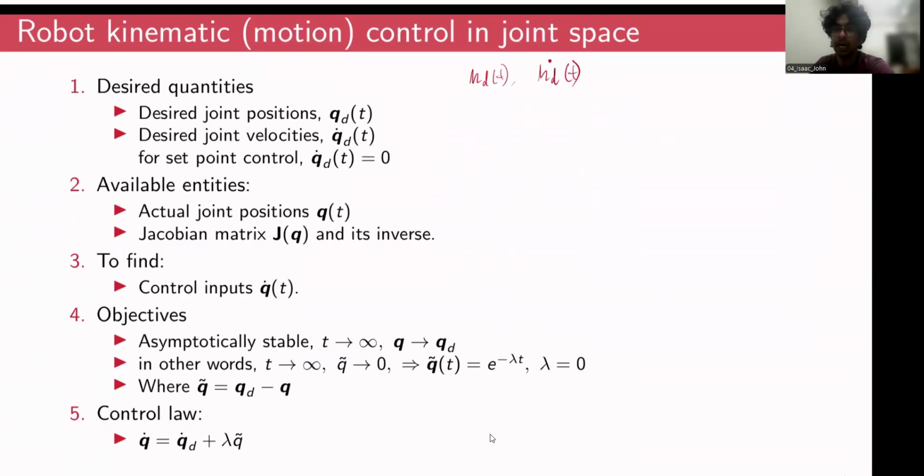But here we are dealing in a closed loop manner. We are taking feedbacks into account. So these are the trajectory in task space.